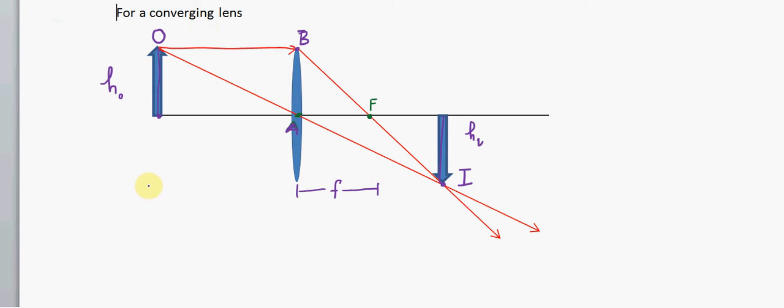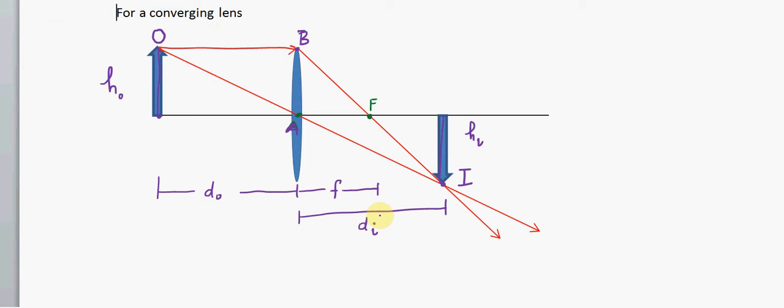Okay? I am going to label this length here. This is known from previous work as the object distance, so I'm going to call that D sub O. And then this length right here from A to big I, I'm going to label that D sub I for the image distance.